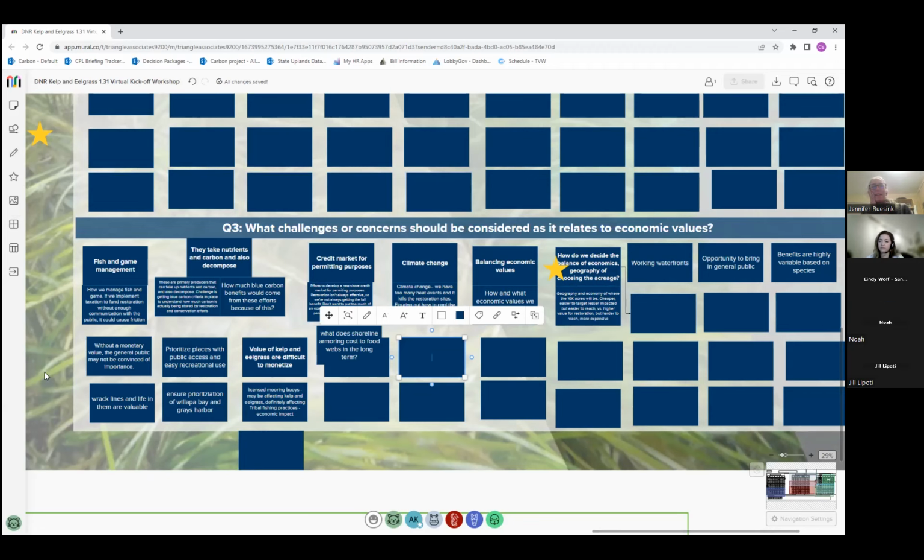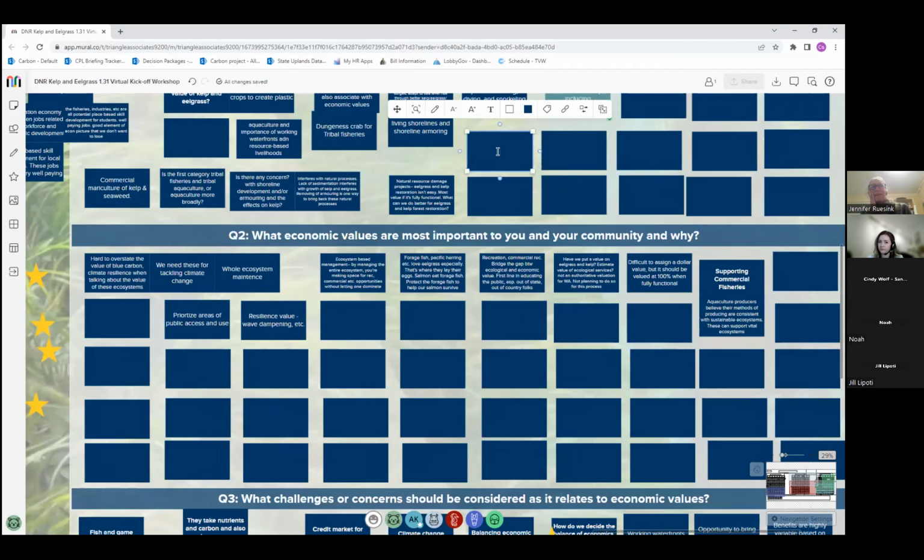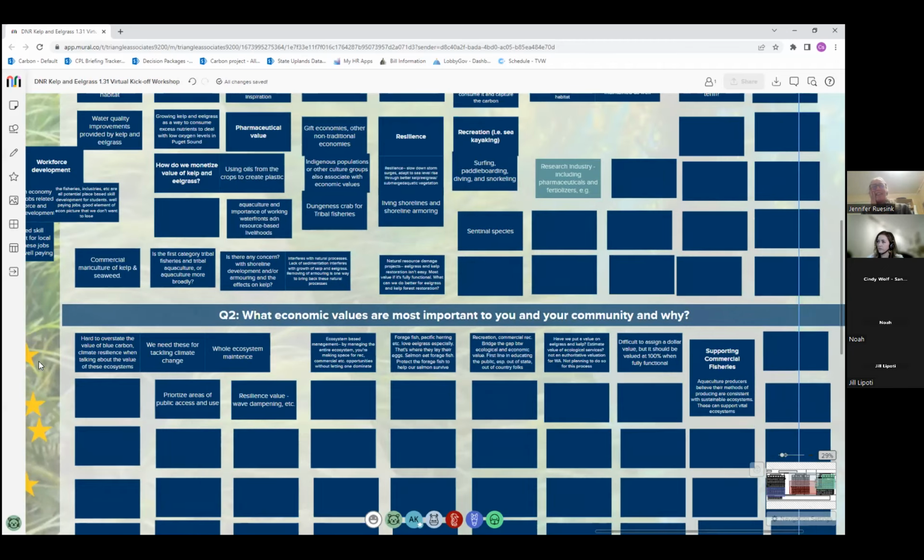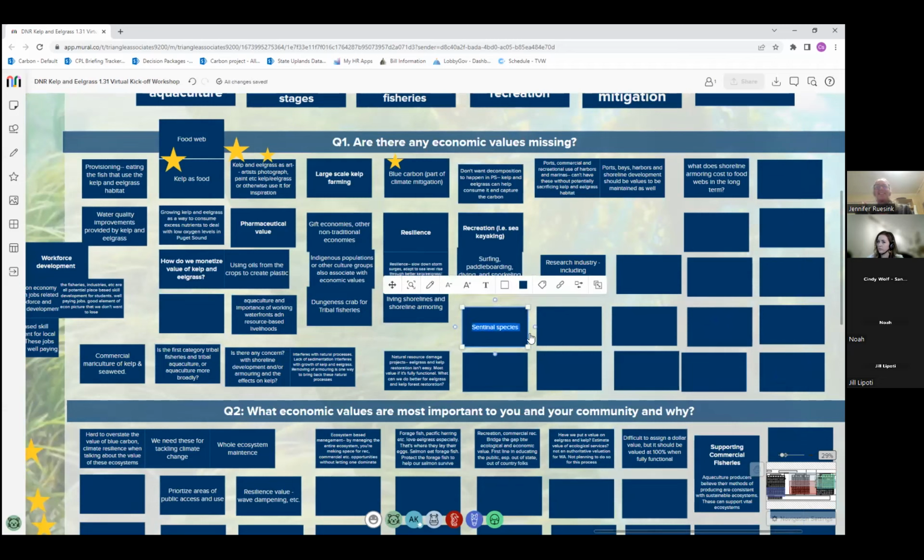So to the extent that there is economic value in having clean water and functioning shorelines for all the reasons, it may not necessarily be the case that the eelgrass and the kelp are always providing the economic values in and of themselves, but they can be really good indicators or sentinels of degradation.